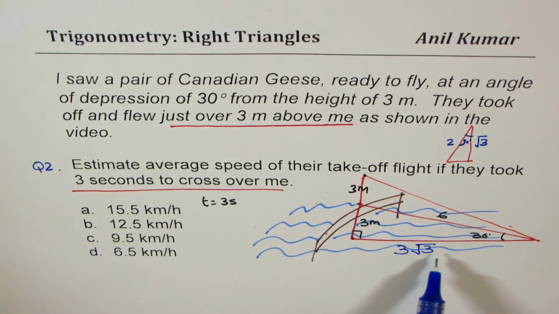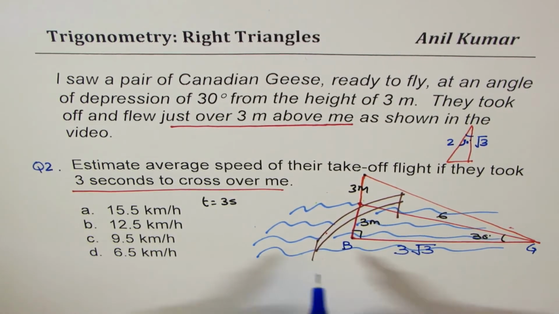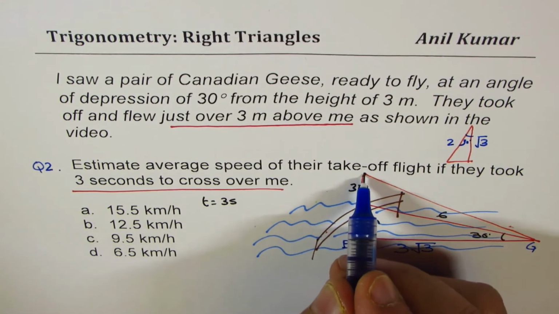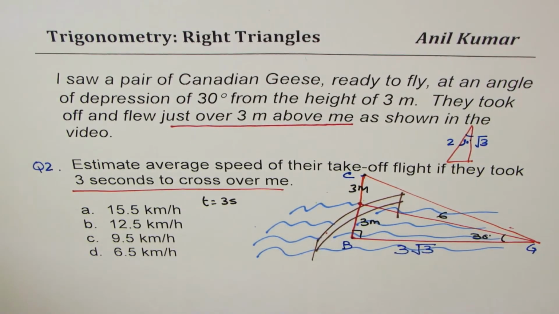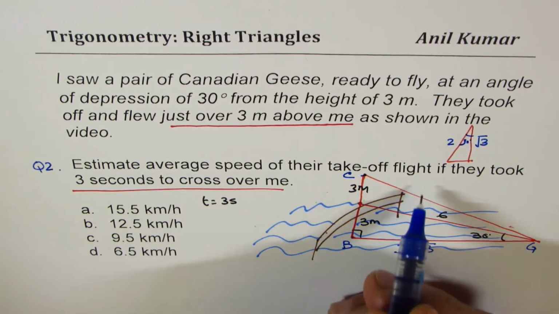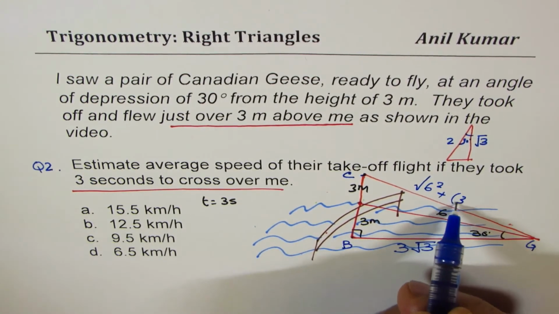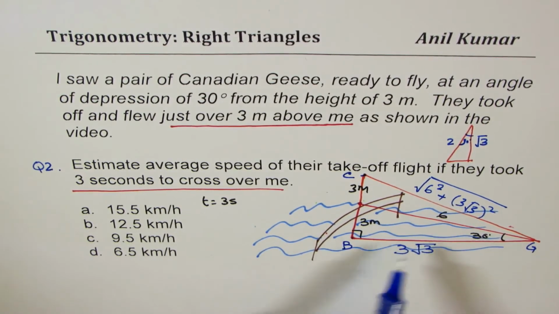Now we know that the base from the geese to the point B is 3 square root 3, and this total height, let's call this point C now, is 3 plus 3 is 6. So the hypotenuse should be equal to the square root of 6 squared plus the square of 3 square root 3, right? So we know the distance.